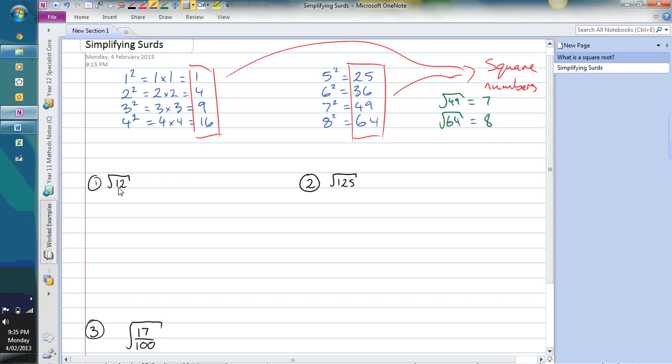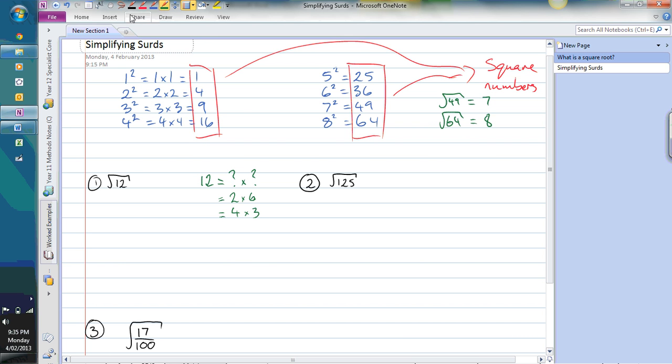So what we're going to do is we're going to look at the number 12 and we're going to think about how else can I write 12 as a product of two numbers or as two numbers multiplied together. And you've got a few choices with 12. You could write 12 as 2 times 6, or you could write it as 4 times 3.